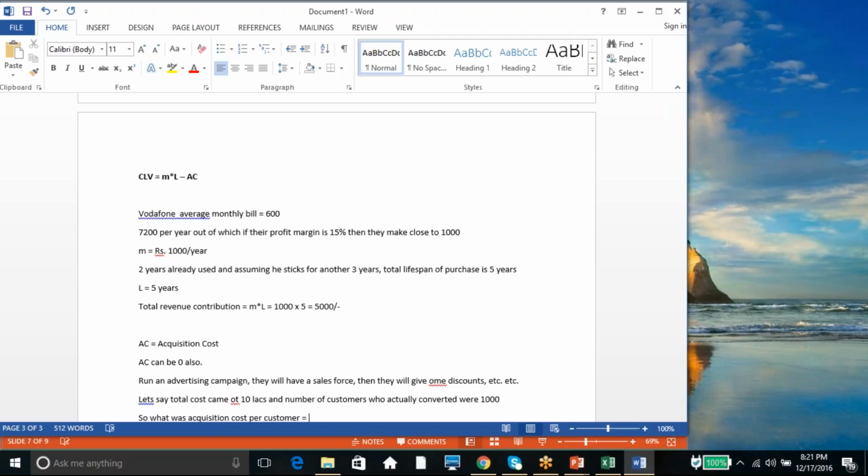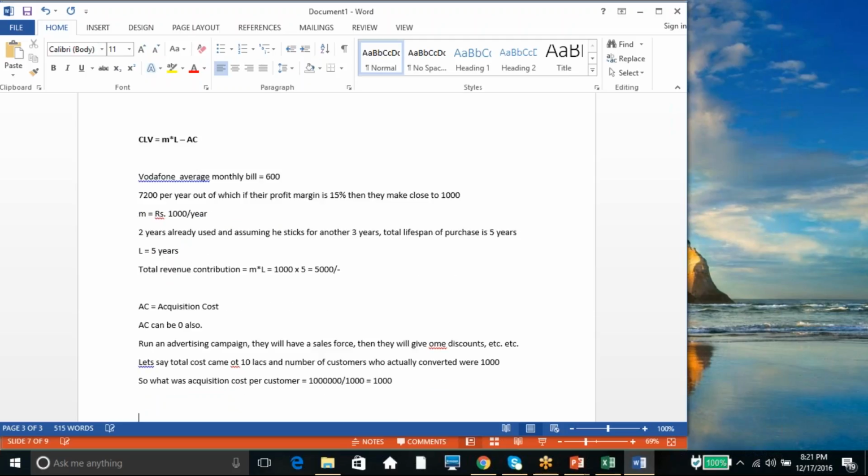So what was acquisition cost per customer? ₹10 lakh divided by 1,000 customers, 1,000. CLV is equal to 5,000 minus 1,000.